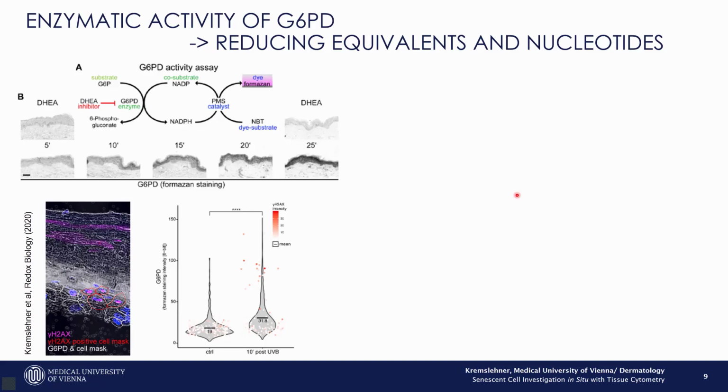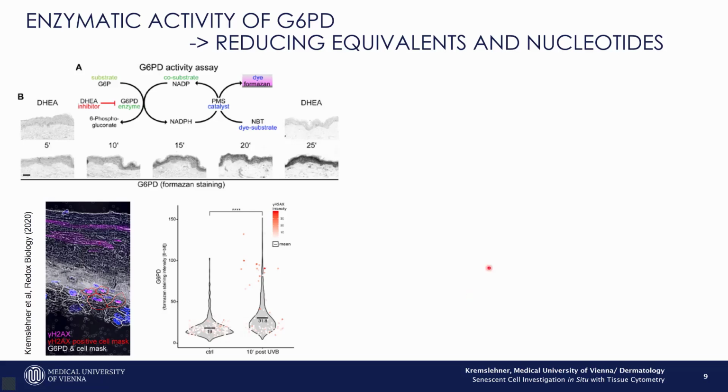And previously, we were able to show that upon UVB irradiation, there's an increase of G6PD activity, and we were able to link peak activities to cells positive for the DNA damage marker gamma H2AX, highlighting again that G6PD provides the reducing equivalents and DNA building blocks for DNA damage repair.